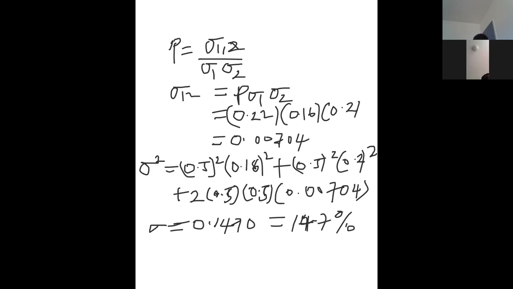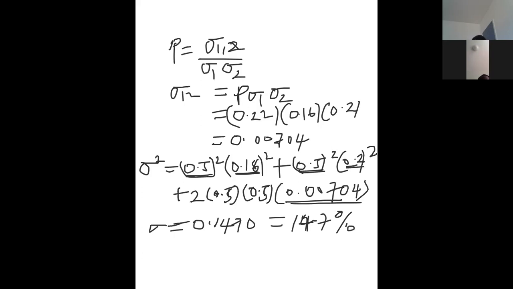This is the weight for XJ. This is the weight for XW. And this is the standard deviation or standard error of volatility. But because I'm looking for the square, I just square it. This is the volatility of the portfolio. So you just square that part and you get the final answer, 0.1470.